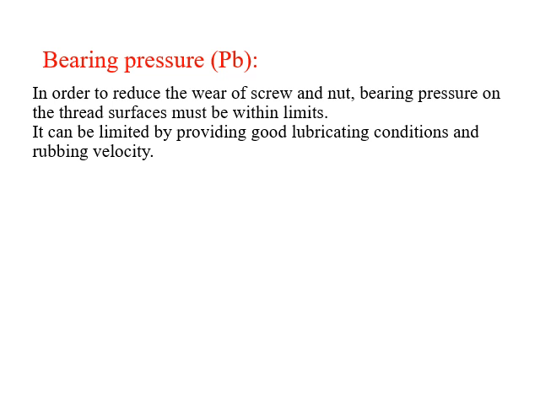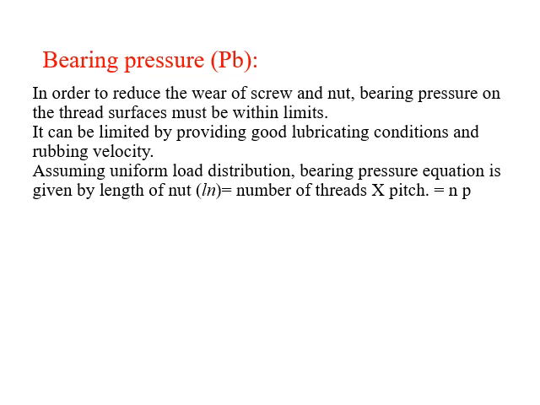Now we will discuss the bearing pressure that usually occurs in power screws. In order to reduce the wear of the screw and the nut, bearing pressure on the thread surfaces must be within limits. It can be limited by providing good lubrication conditions and controlling rubbing velocity. Assume a uniform load distribution.